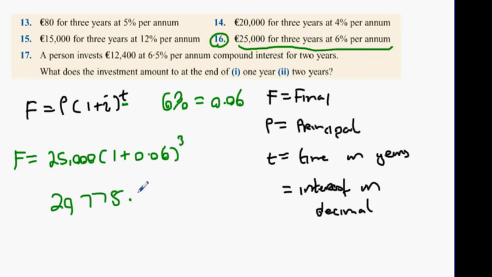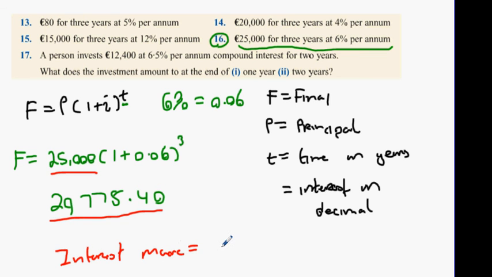How much interest did we make? Anyone know how much interest we made? You made 4,775.40. €4,775.40. That's a lot of money. Okay.